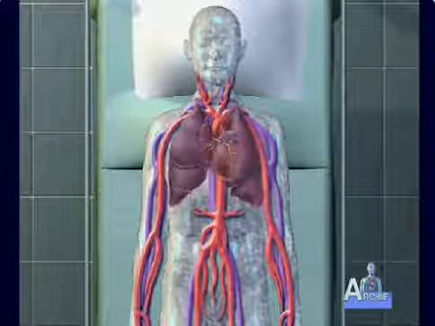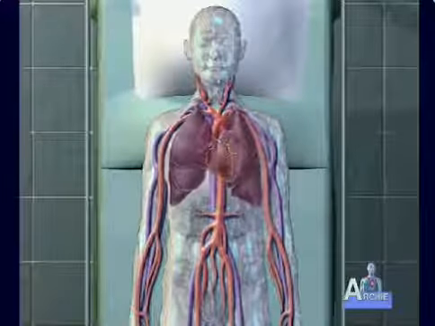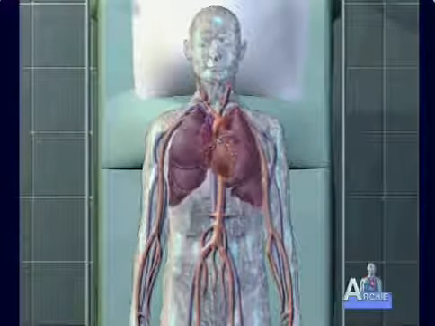A patient with pulmonary embolism may become unstable with diaphoresis, tachycardia, and hypoxia.